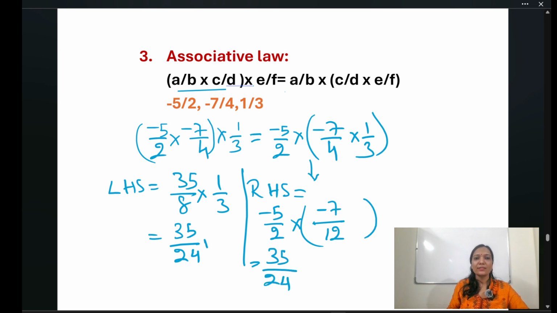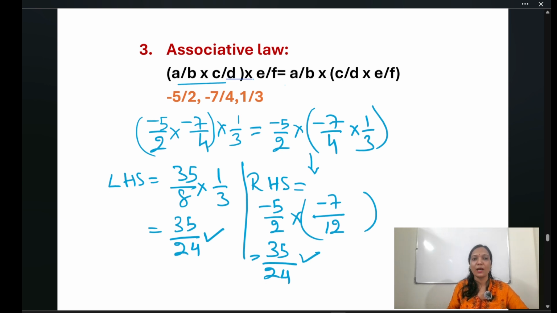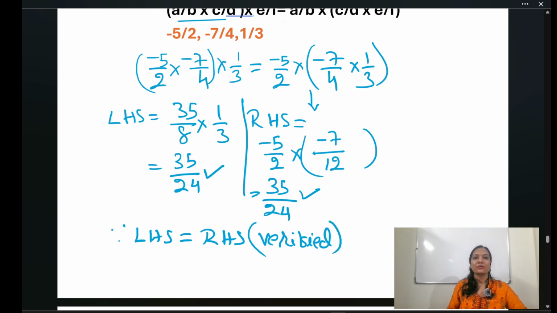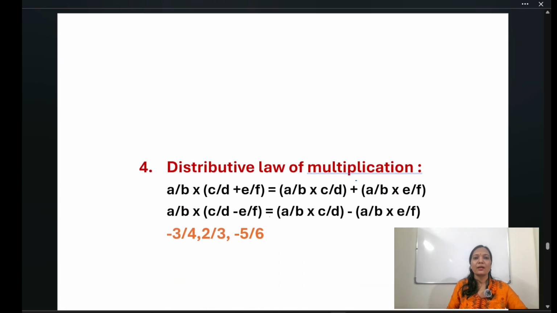See, both sides are equal value. 35/24, RHS भी हमें क्या मिला, 35/24. That means both sides are equal. So how to write here? At the end we have to write, since LHS is equal to RHS, it is verified. Okay, so ये हो गया हमारा associative law.